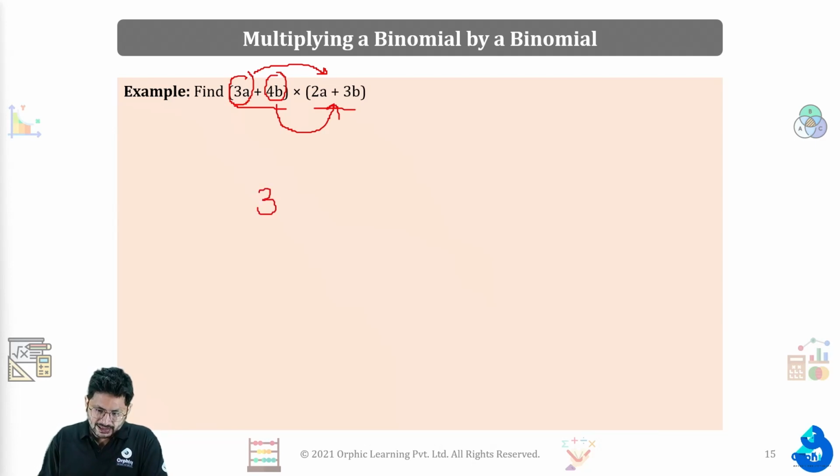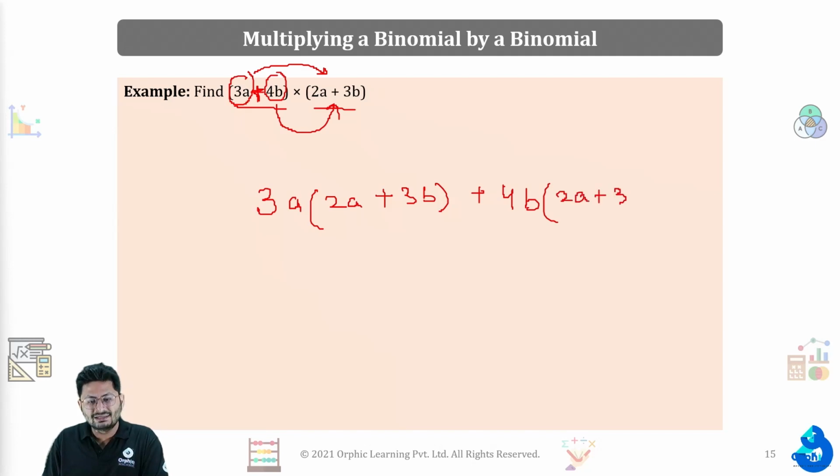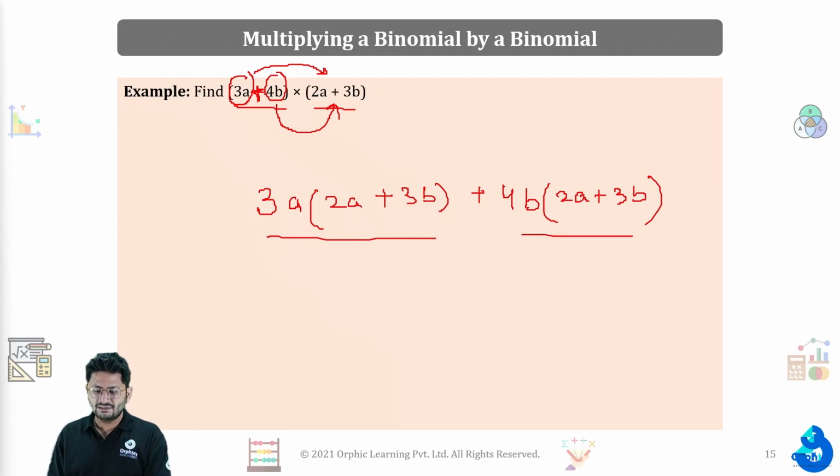So 3a into 2a plus 3b plus, because there is a mathematical operator of positive, okay, into 4b into 2a plus 3b. Now again, both these are multiplication of a monomial with a binomial, which we have already seen. तो उसको फिर से कर लेते हैं.